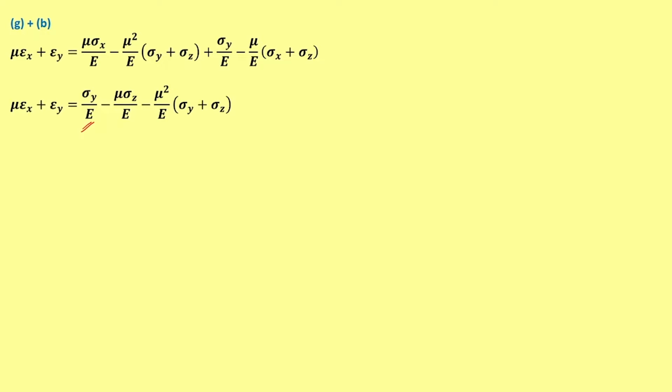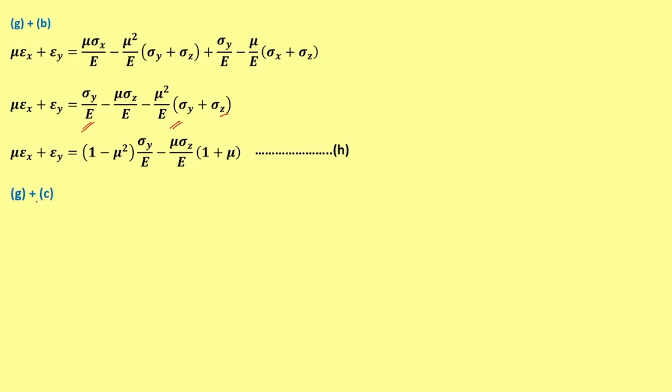In the process, we have got rid of sigma x. So, mu into (epsilon x plus epsilon y) is equal to (1 minus mu square) sigma y by E minus mu sigma z by E into (1 plus mu). Again, if you rearrange, you will get this expression. Now you are left with two stresses, and we need to eliminate one again. So, call this H.